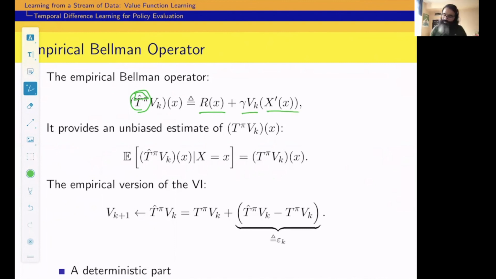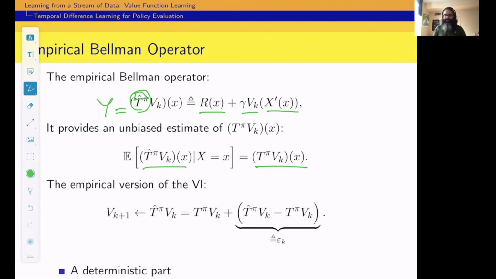Here, by X prime I mean the X prime generated by starting from X and taking one sample from the transition dynamics distribution. This quantity is essentially the Y that I had in the previous slide, just with a different notation. The conditional expectation of it would be T pi of Vk at state X.